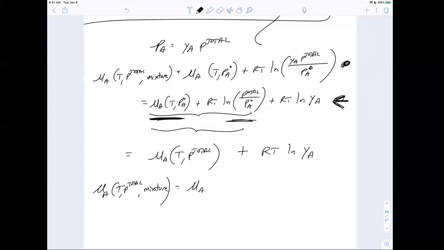That's equal to mu A at T, P total, and I should point out that this is for pure A, plus RT natural log y sub A.